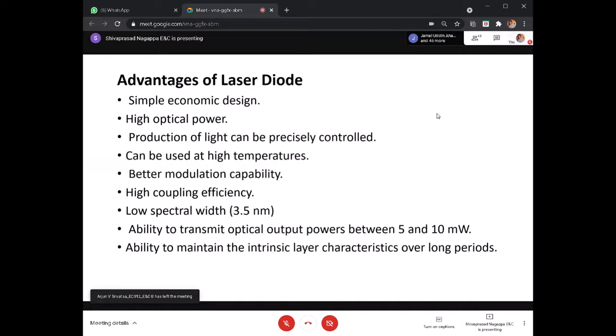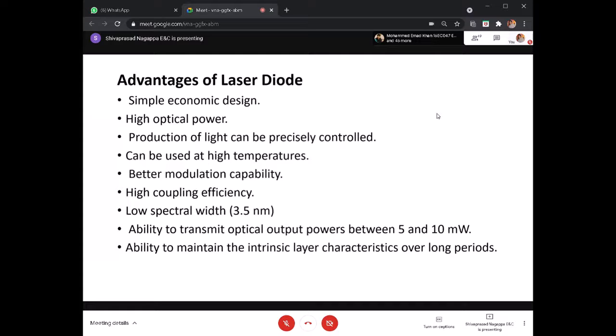I'll recall once again. So the advantages of the laser diode: it is a simple economic design. Compared to LED, this is a bit complex, but we can say that this is simple. As you all know, it has got high optical output. Why has it got high optical output?